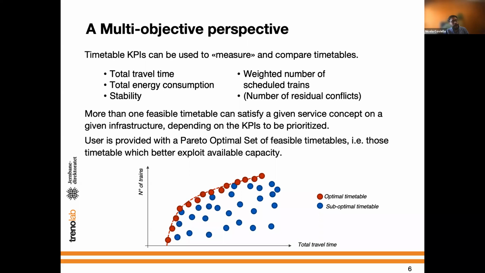If we relax the conflict constraints, we allow the resulting timetable to feature a certain number of residual conflicts.